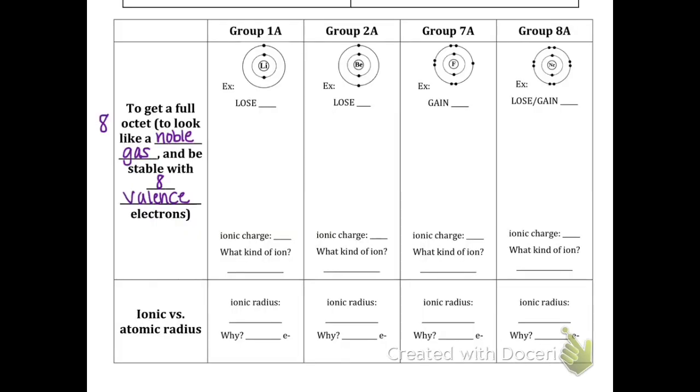So going back to this page, remember lithium has 3 protons normally, and then 3 electrons normally. If we lose one of the electrons, so I'm going to erase it here, then now we have an uneven amount. We have 3 protons and only 2 electrons. So 3 pluses and 2 minuses give us what kind of charge, right?